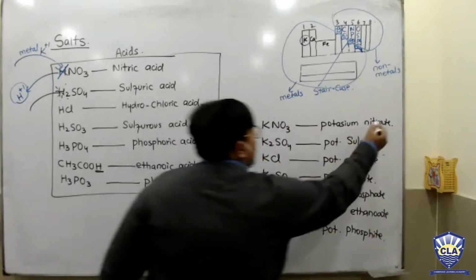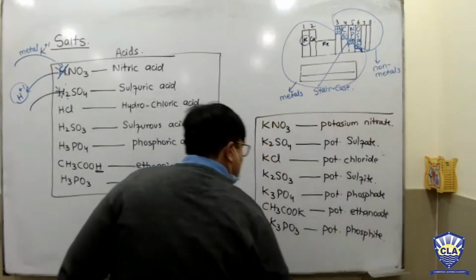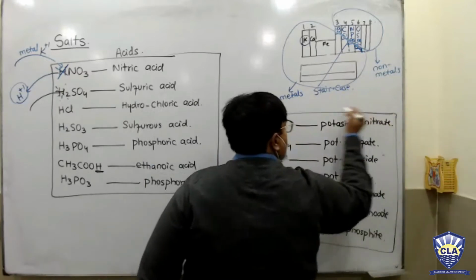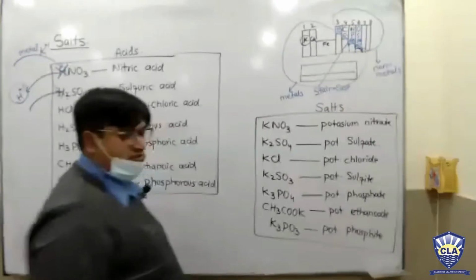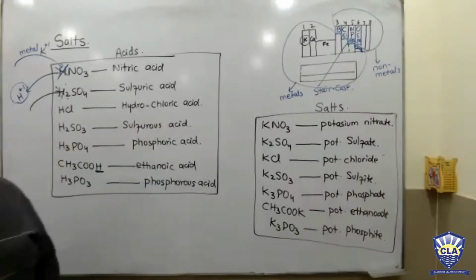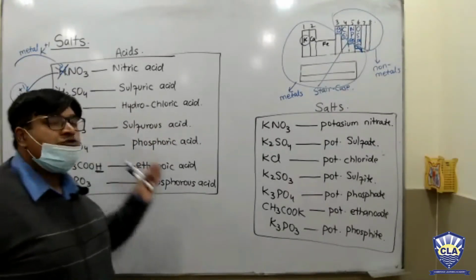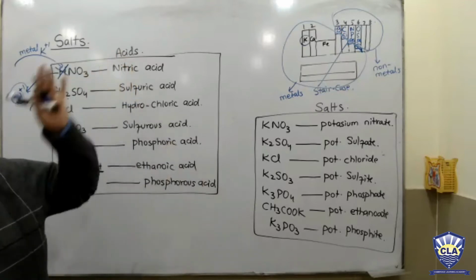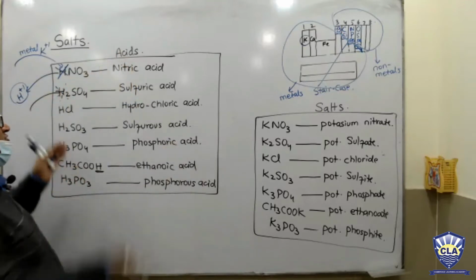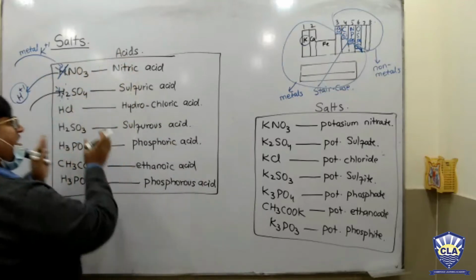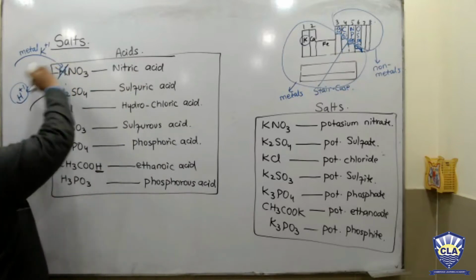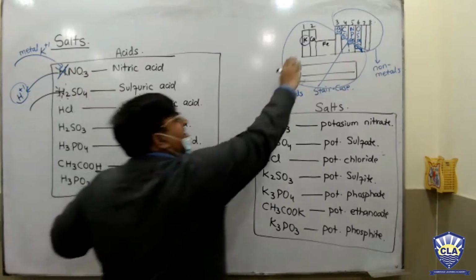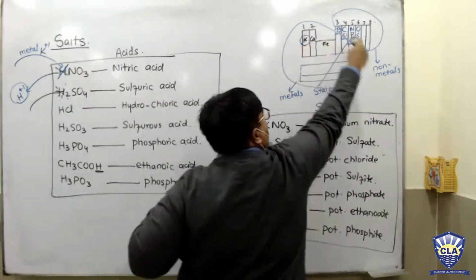Okay. So my dear students, all these things formed, they are called as salts. Okay. So if you people want to define the salt, so the answer is very simple. You take the acid, okay, remove the hydrogen of any acid and replace it with any of the metal present under the staircase.